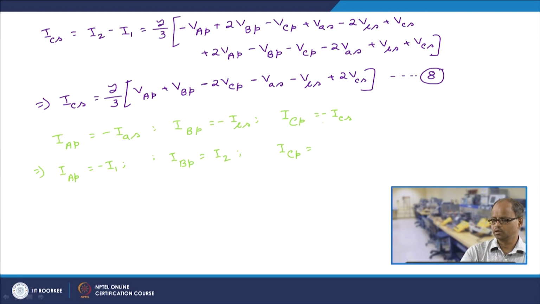So, now we have got these 6 currents, we have to only write down the equations. So, what I have got: IAP, IBP, ICP, IAS, IBS, ICS.